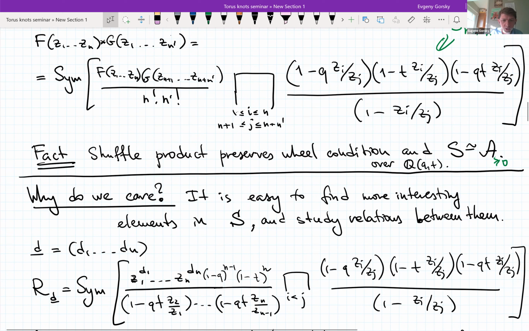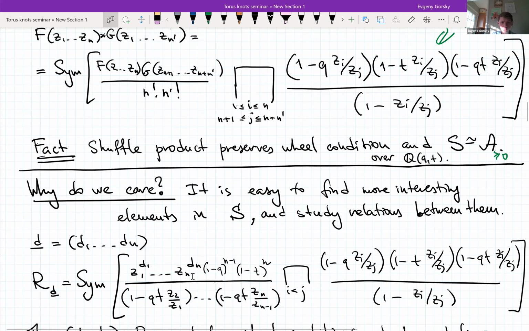And then I just take a monomial z1 to the d1 up to zn to the dn, some normalization factor, some denominator, and some extra rational functions. It doesn't really matter. And then you symmetrize in the z's. And so this is a pretty complicated rational function a priori. And it can be defined for any d.